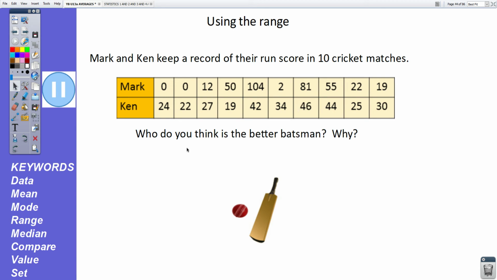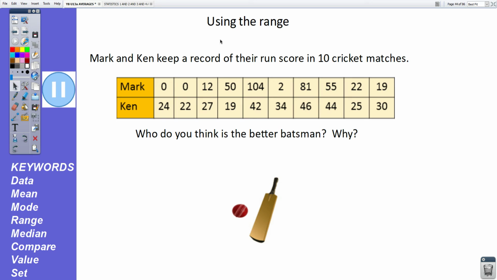What you've got to do is work out who you think is the better batsman and why. By now, hopefully you've realised that you are not just comparing each individual game. For instance, if you were, you could say, oh, Ken's better, Ken's better, Ken's better. Oh, Mark's better, Mark's better, Ken's better, Mark's better. No, that does no good whatsoever.